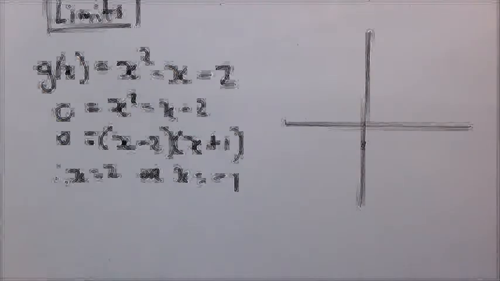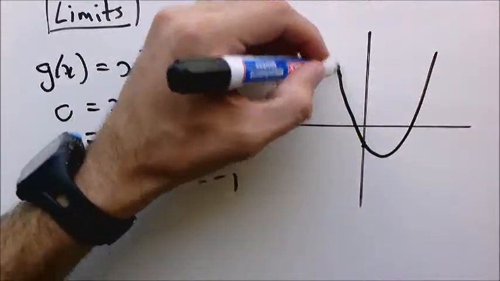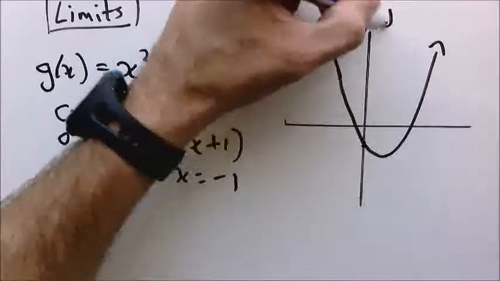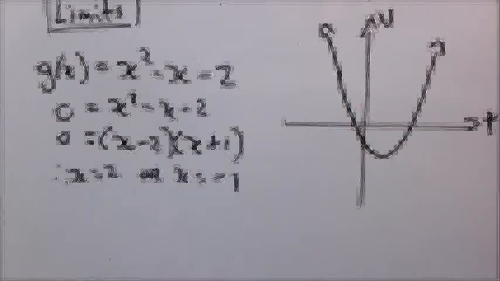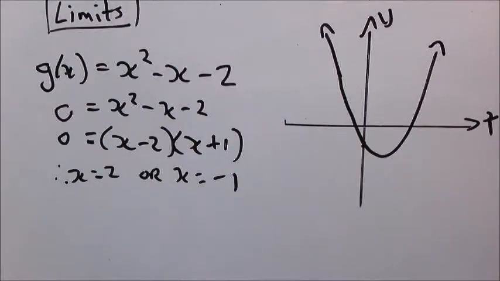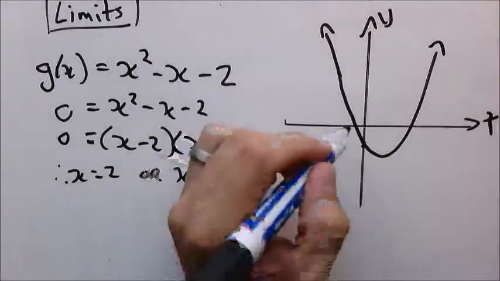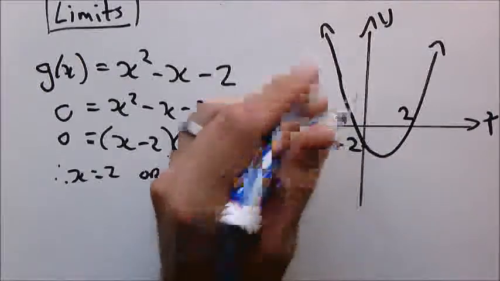Like I said, I'm just doing this as a conceptual graph, right? It will look something like that. Okay, all of you can do this, I'm sure. And we didn't focus on the turning point now because that is irrelevant to this explanation. So we just want the concept. So this is negative 1, 2, negative 2.